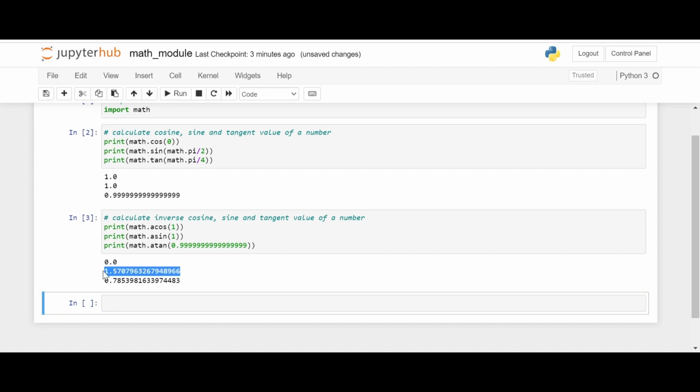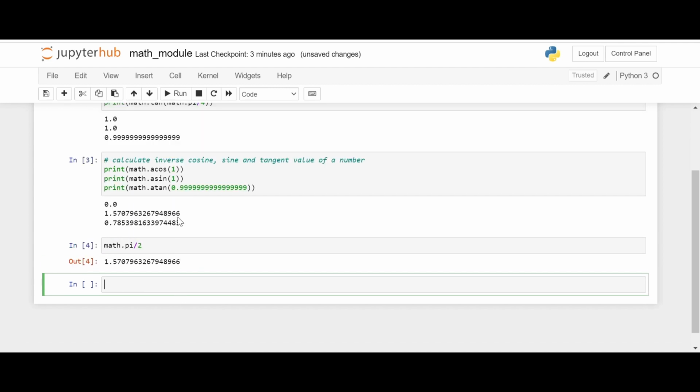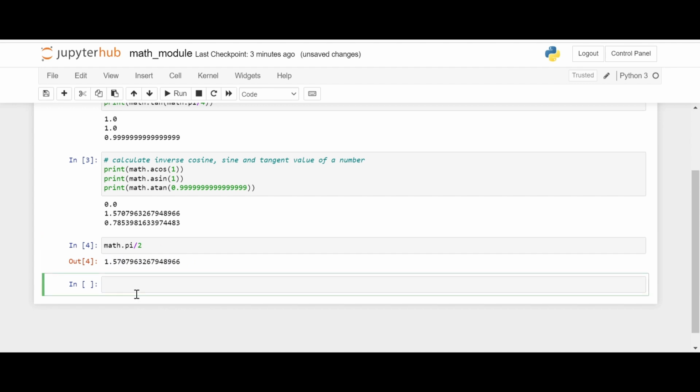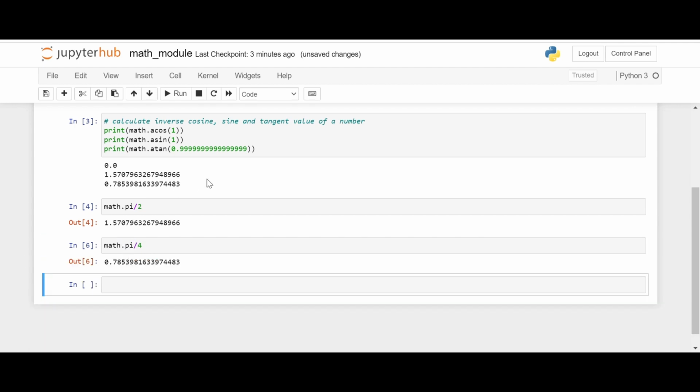Now for clarifying these two, let's individually see this math dot pi by 2. So we can see the same. So math dot pi, again I think same.